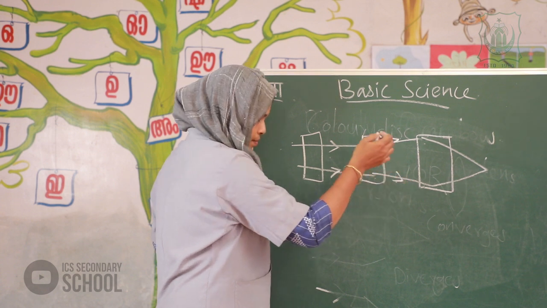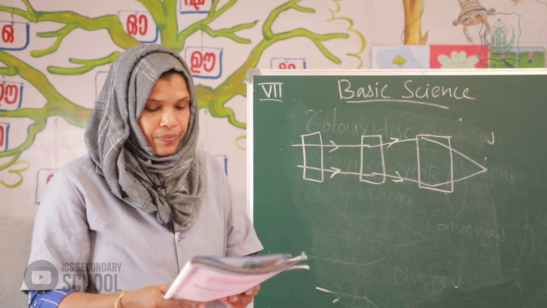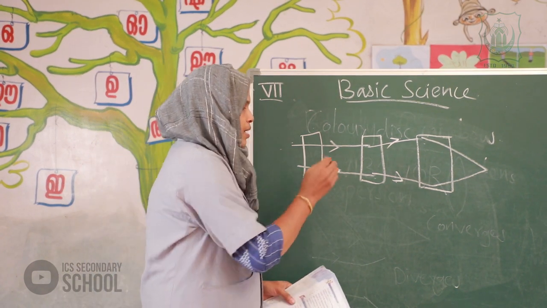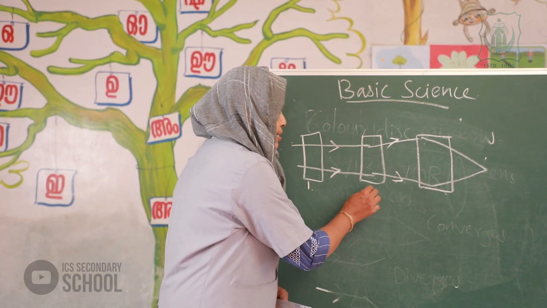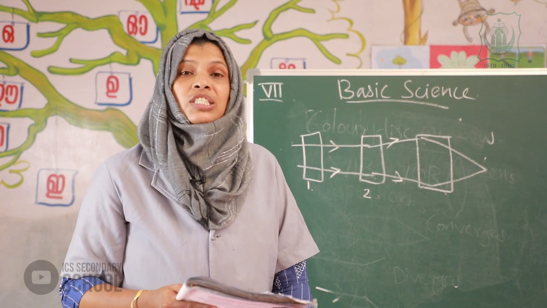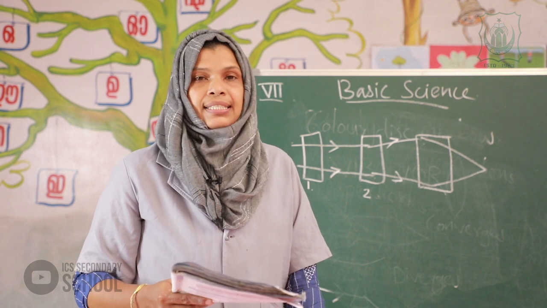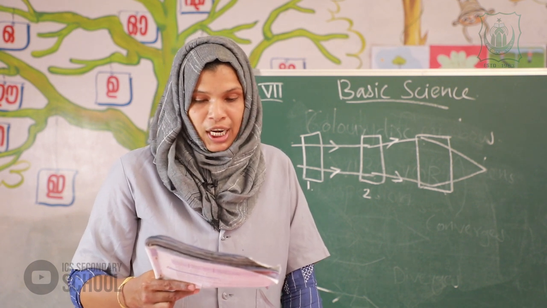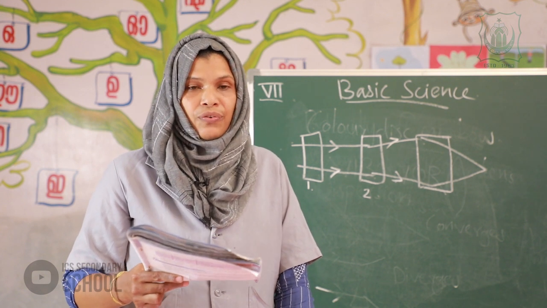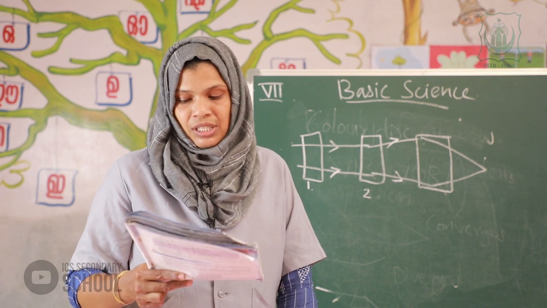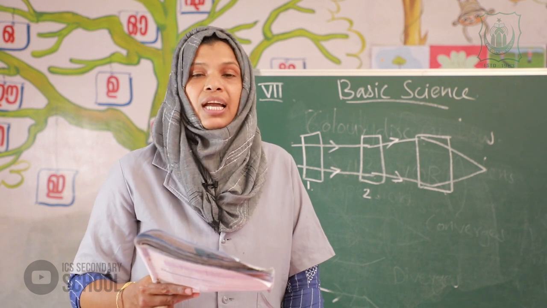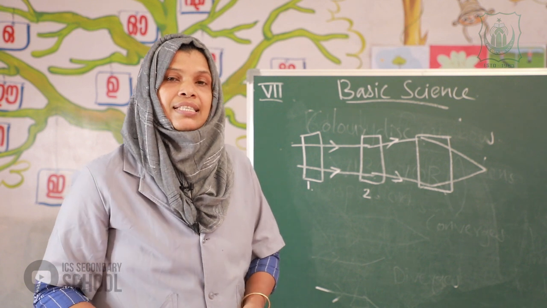The options are: first, a glass sheet, a convex lens, and a concave lens; second, concave lens, convex lens, glass sheet; third, convex lens, glass sheet, concave lens; last option, concave lens, glass sheet and convex lens. Which one is the correct statement?